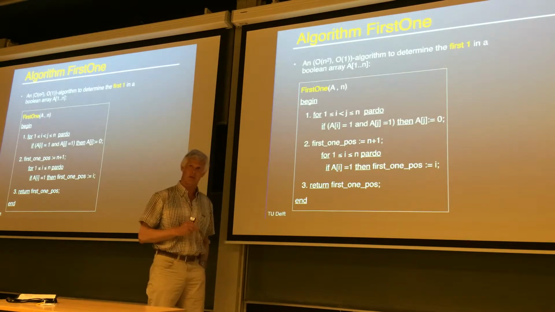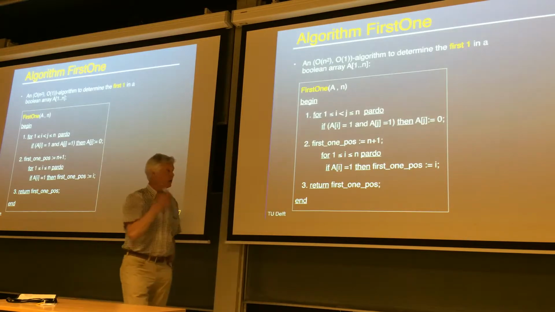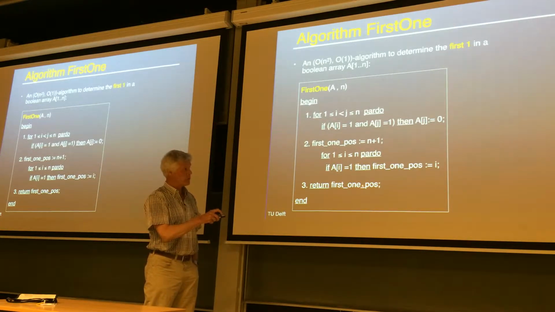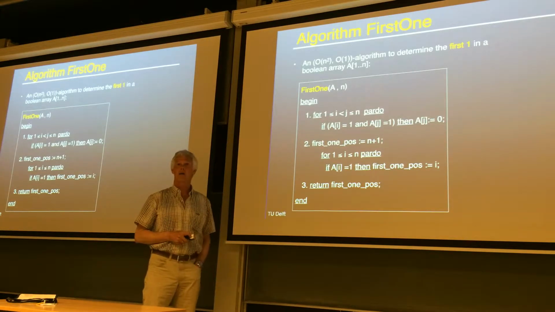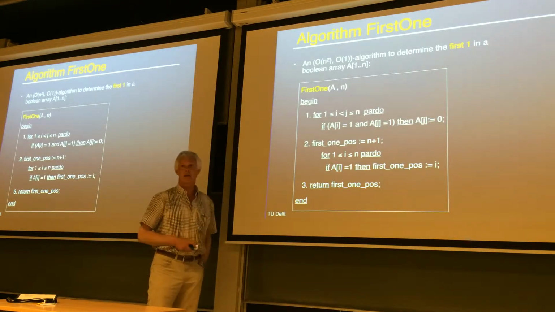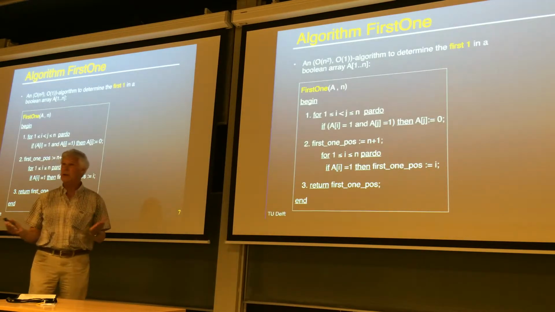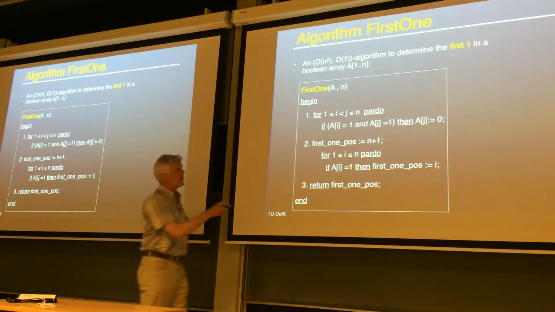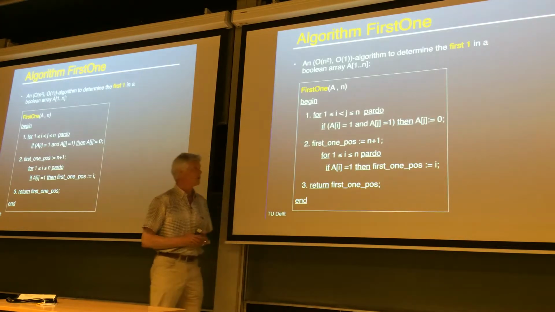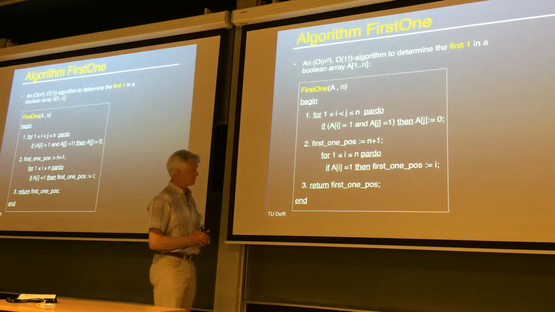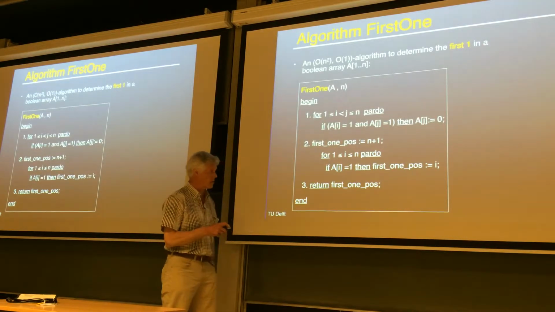That's a default position. If your array does not contain a 1, then you will return first one pos unchanged, and that signals that your array only contains zeros. At that n plus 1 position there will occur a 1, meaning there is no 1 effectively in the Boolean array itself.